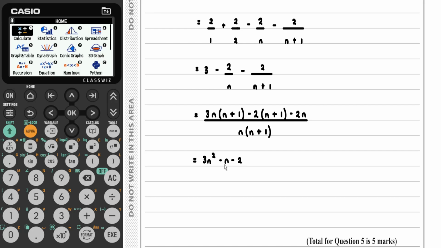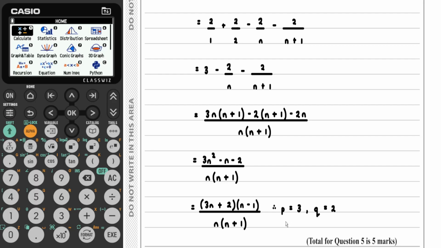So we've got 3n squared, subtract n, subtract 2, over n times n plus 1. The 3n squared subtract n subtract 2, we can factorize that as 3n plus 2 times n subtract 1. For the denominator, we've got n times n plus 1, meaning p is equal to 3, q is equal to 2.